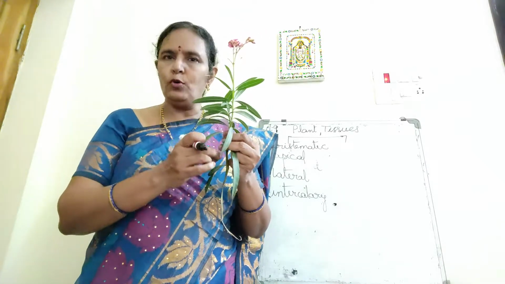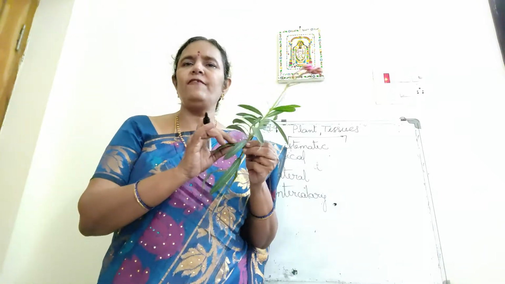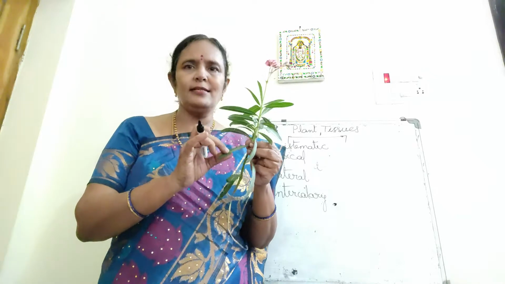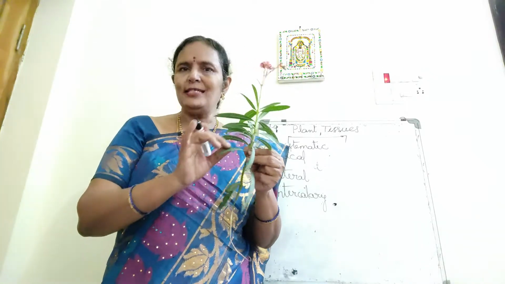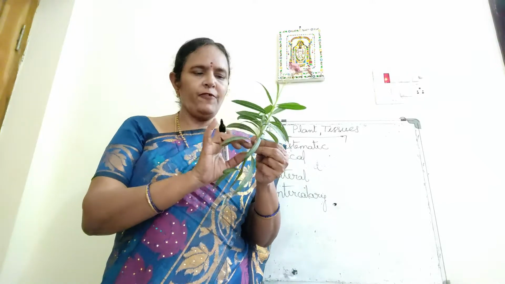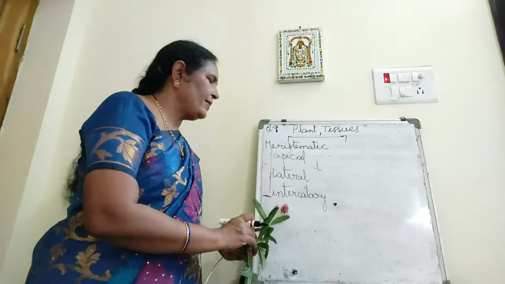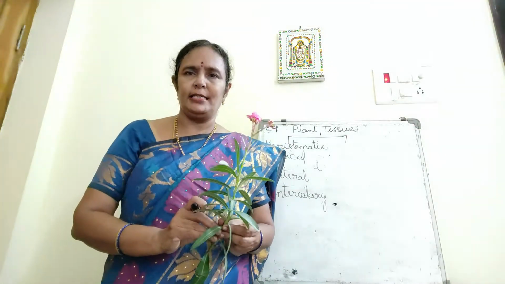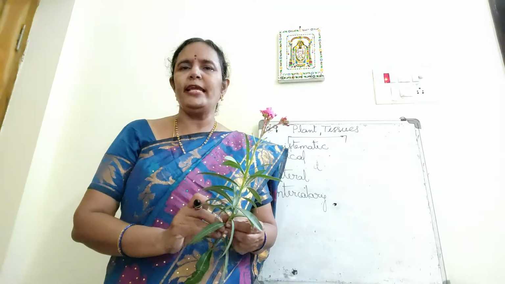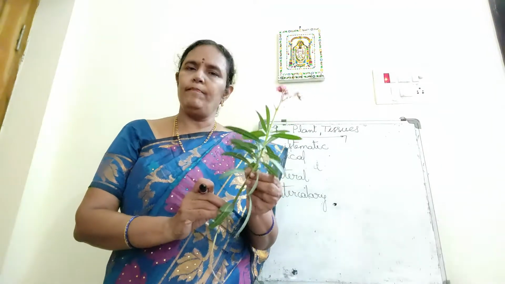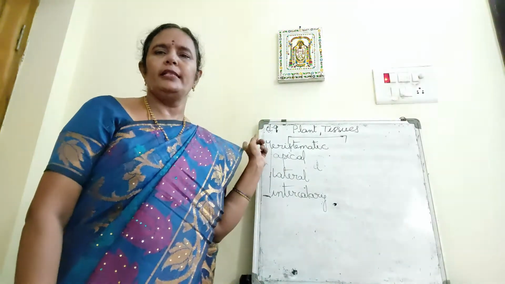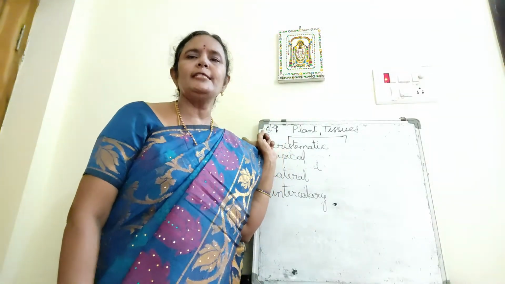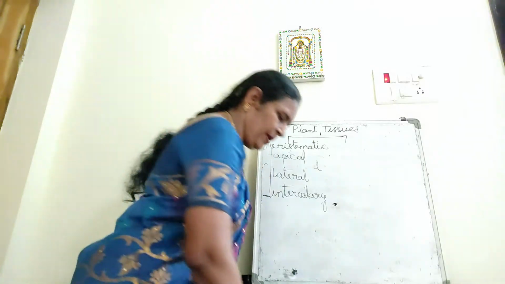Those places are called nodes. In the nodes, intercalary meristematic tissue promotes the growth of leaves, flowers and branches. That is about meristematic tissue. In the meristematic tissue, all the cells promote the growth of the plant.